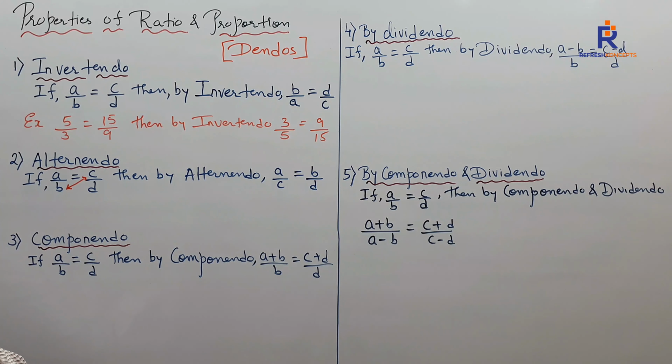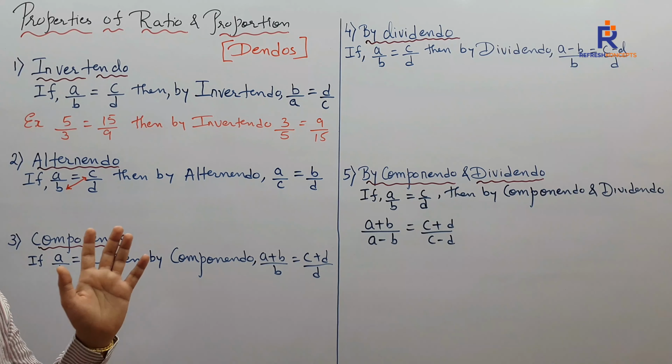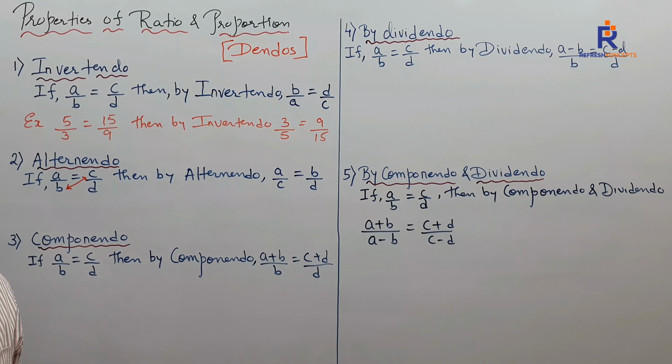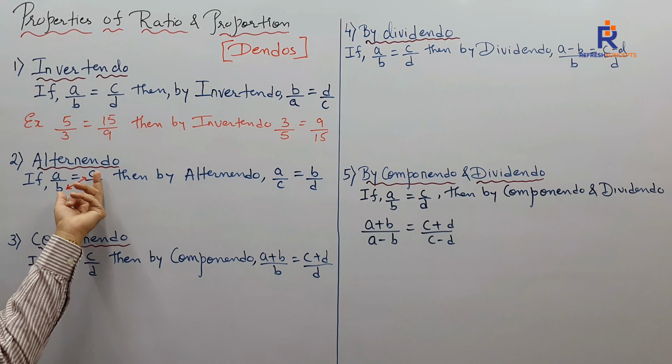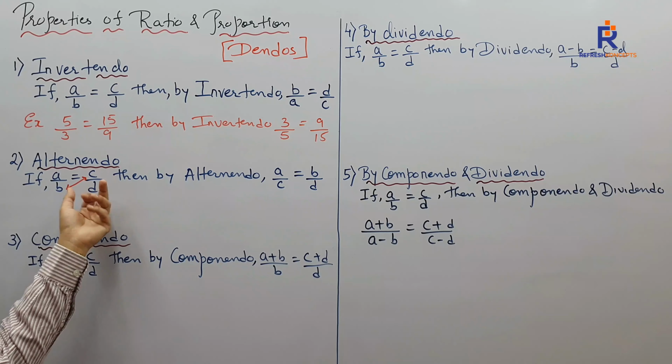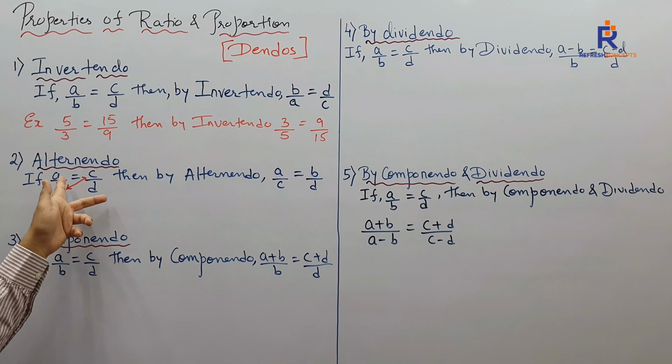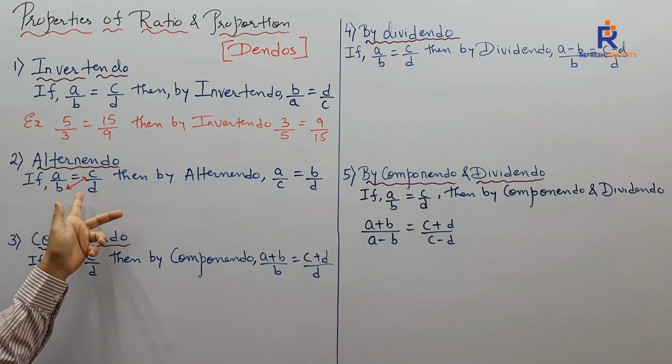So if you want, you can apply it, and the answer will be D by B is equal to C by A. But maximum number of times when you take sums on properties of ratio proportion, wherever alternendo is applicable, you will see that the swapping takes place between B and C rather than A and D. But I have never said that you cannot swap the positions between A and D. You can equally do so.